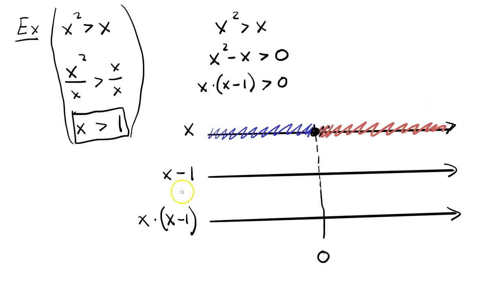Okay, where is this positive and negative? Yeah, it's positive, or it's 0 at 1. So if x is equal to 1, it's 0. It's positive if x is larger than 1. And it's negative if x is smaller than 1. That was the wrong color.